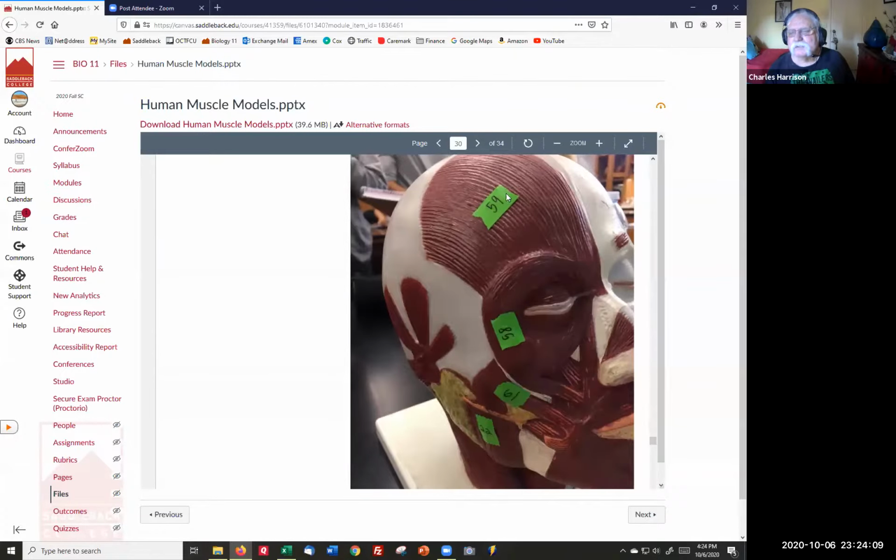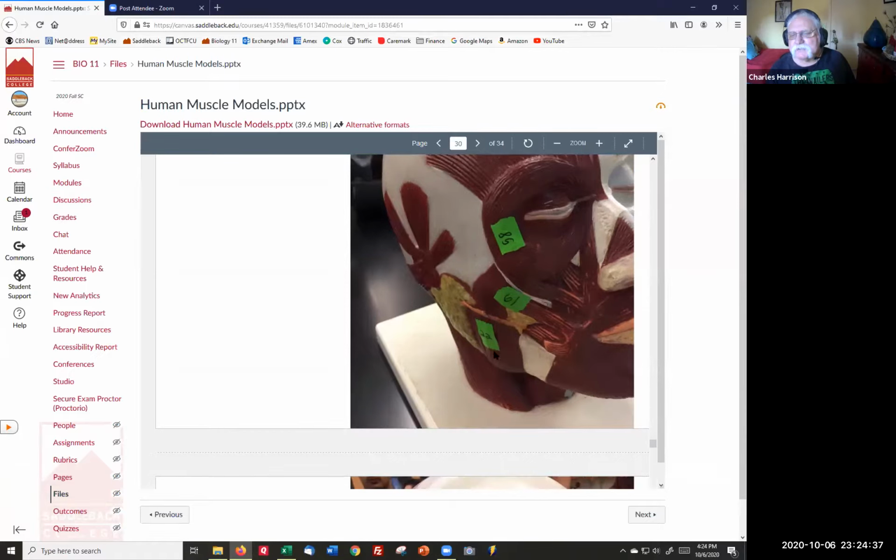No particular order. Frontalis, also known as epicranium. Orbicularis oculi. Too many people go too fast and they write oris instead. Now that's the mouth. Oculi for optical. Orbicularis oculi. Here's the zygomaticus. Here's the cut masseter.